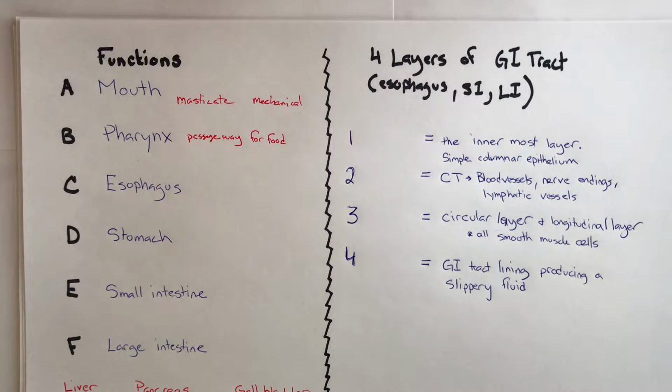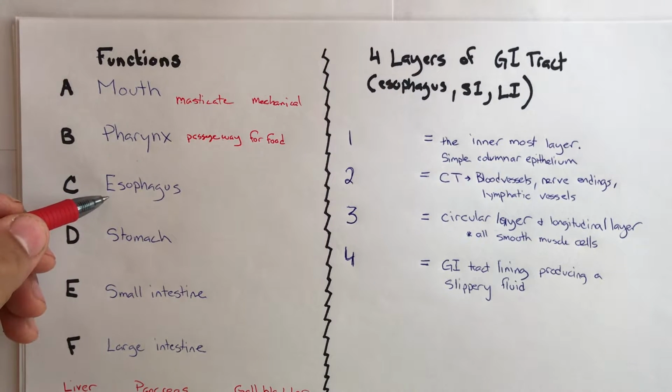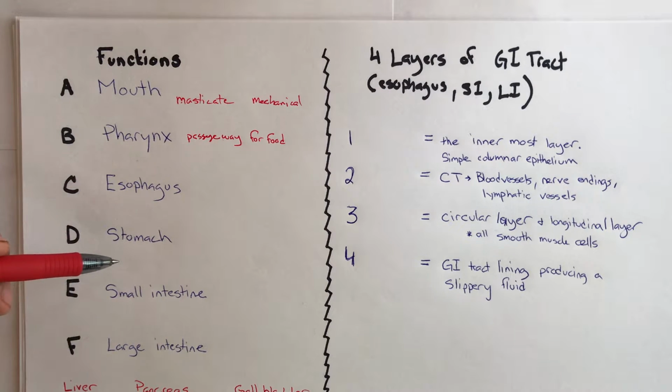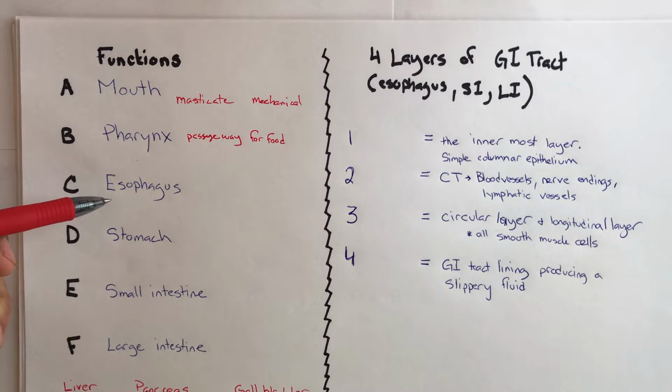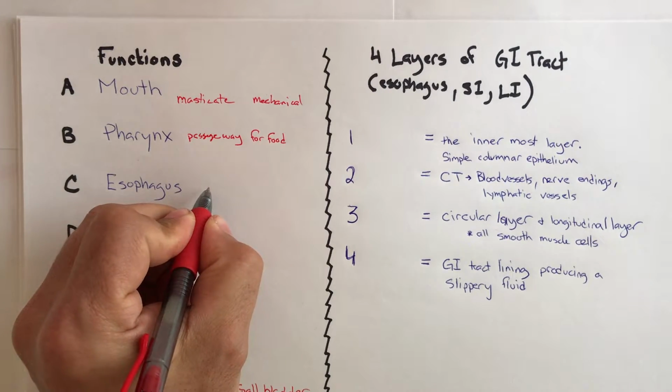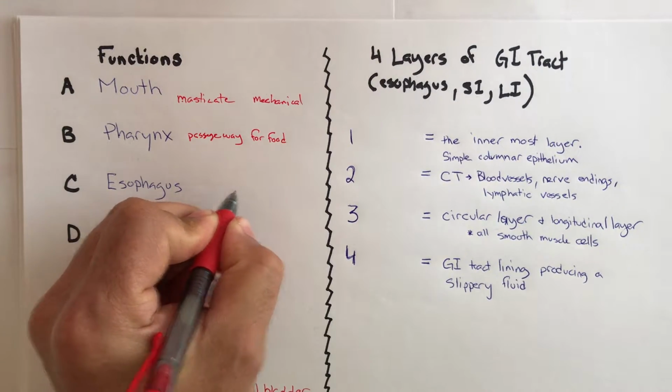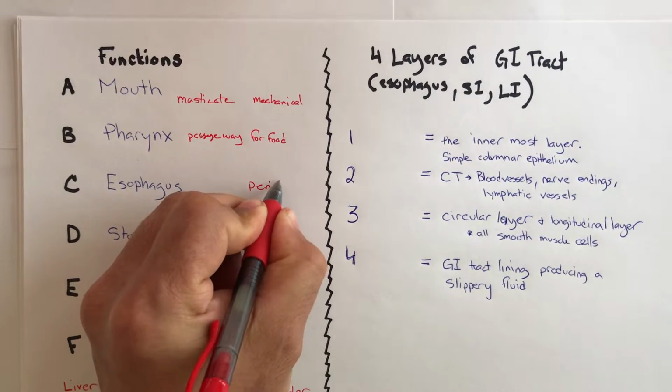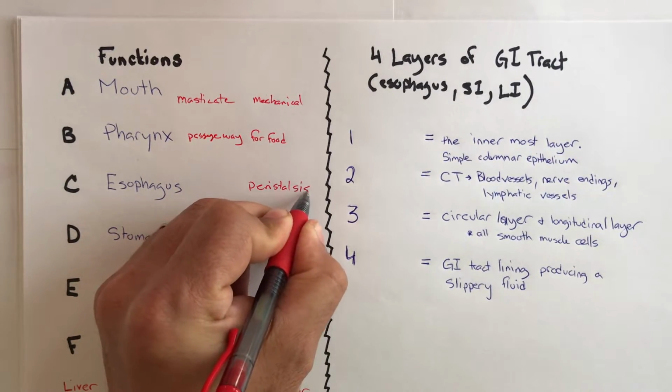The esophagus is next. The esophagus, we're talking about 10 inches long. It goes from the pharynx to the stomach and through the diaphragm, that muscle that helps us to breathe. And the esophagus also does what's called peristalsis.